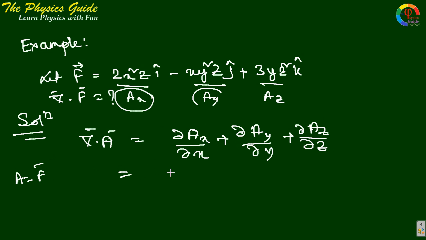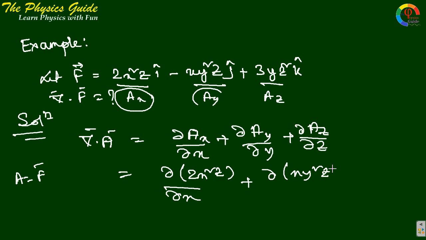So we get del of 2x square z del x, plus del of minus x y square z del y, plus del of 3yz square del z. So these all are partial derivatives.